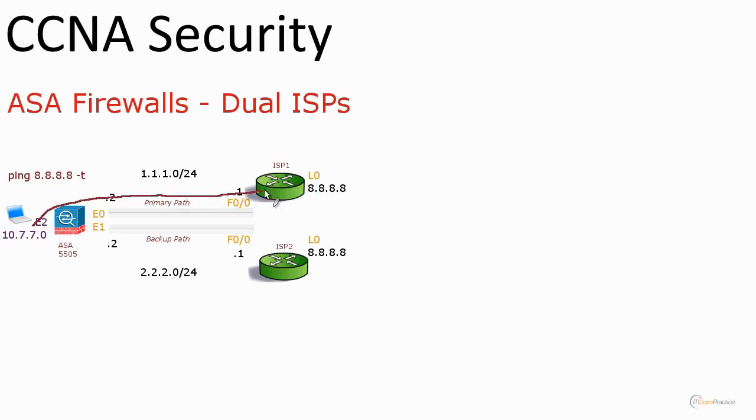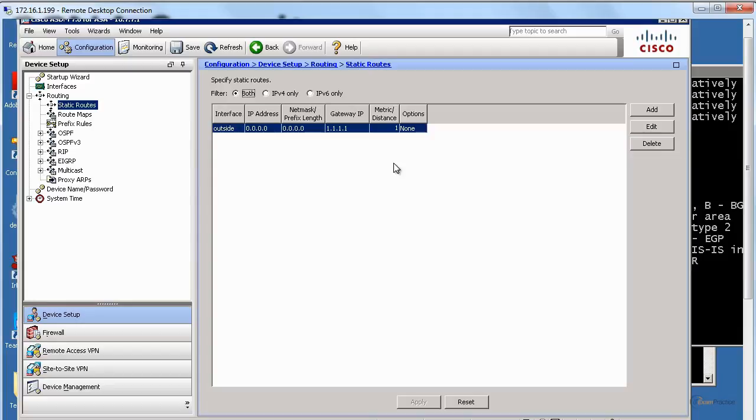We're talking about this route now, right? That is 1.1.1.1, our default gateway. We use outside, and for outside backup, we'll use 2.2.2.1. We'll do that in a moment. That should be enough to ping something.